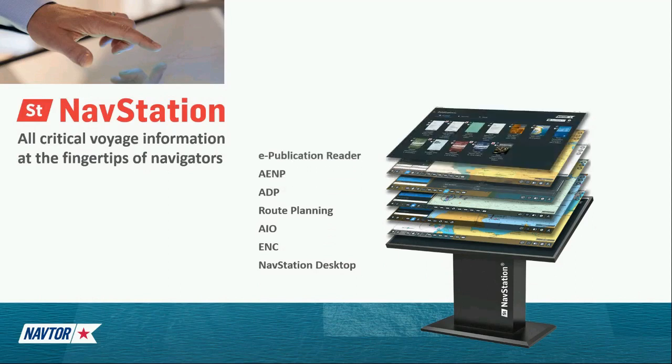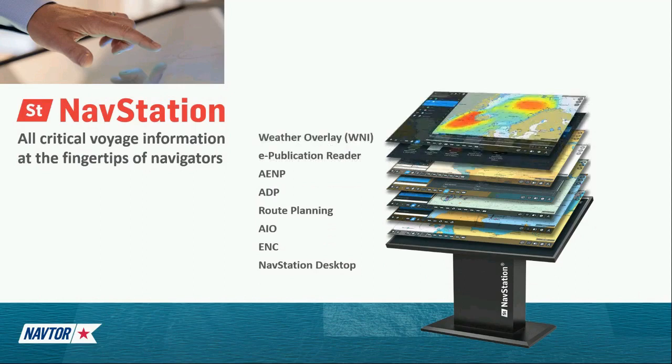A newer layer is a layer called e-publications. So this is such titles as IMO and others, which we make available within the NavStation software. And the critical importance here is that we have one piece of software and it works seamlessly with everything else aboard. Our partners, Weather News International, allow us to offer weather forecasting with the weather overlay layer.